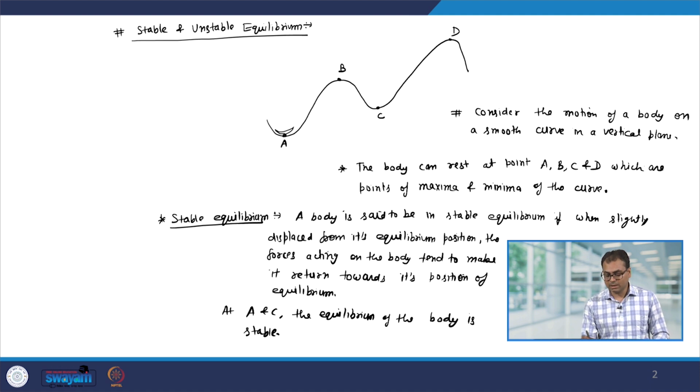This is not the case for point B, because herein if you displace the body, then the body is no longer going to come back to the same position. Therefore, point B and D are the point of unstable equilibrium.